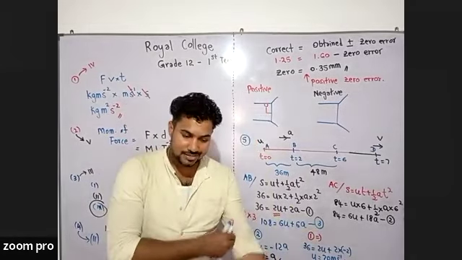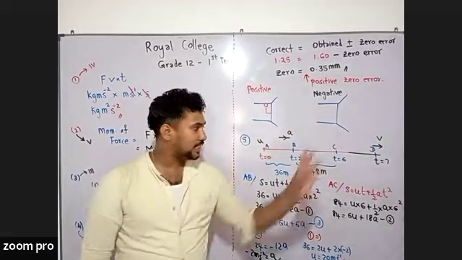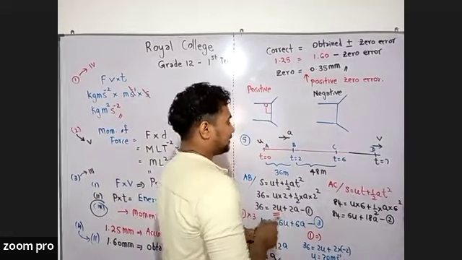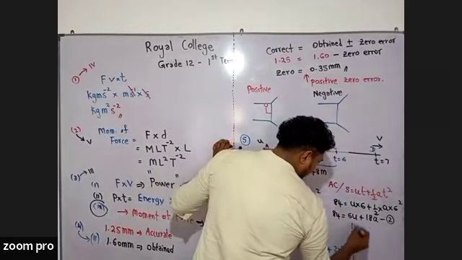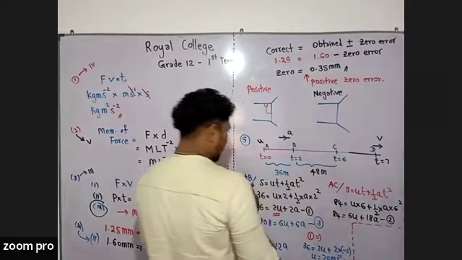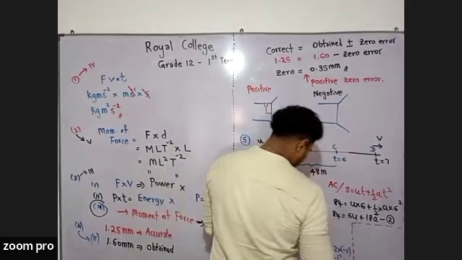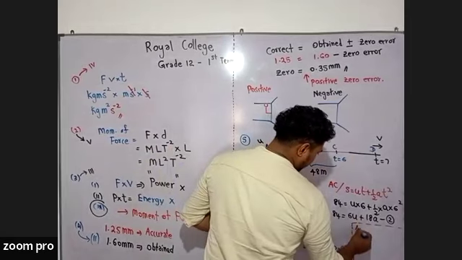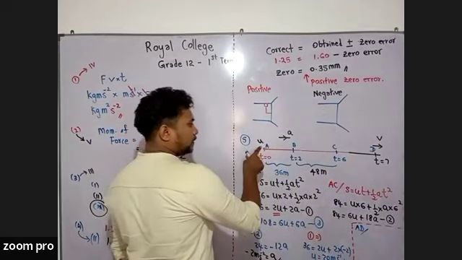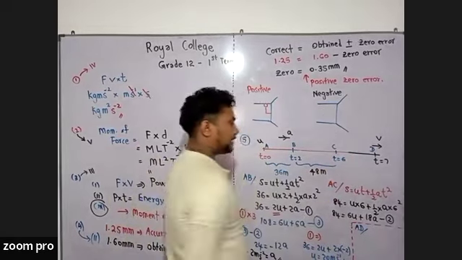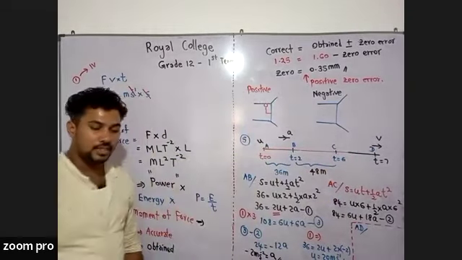Now the question is asking to find the velocity at the 7th second, right? So let's apply an equation from A to D. What is the relevant equation? We have an idea about the initial velocity, the question is asking about the final velocity, and we have an idea about the time.